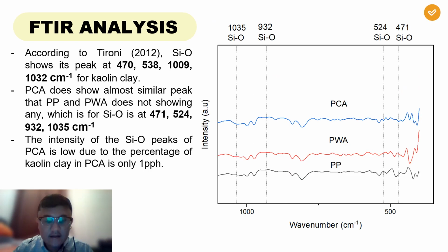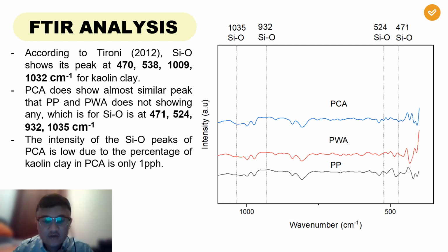Another FTIR analysis. According to Tyranny 2012, SiO, which is silicon monoxide, shows its peak at 470, 538, 1009, 1032 cm for kaolin clay.